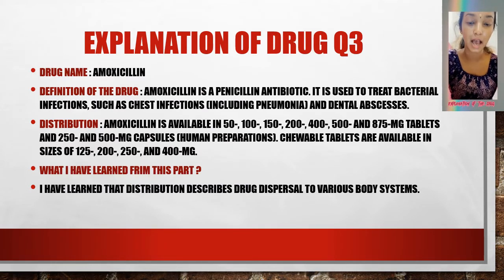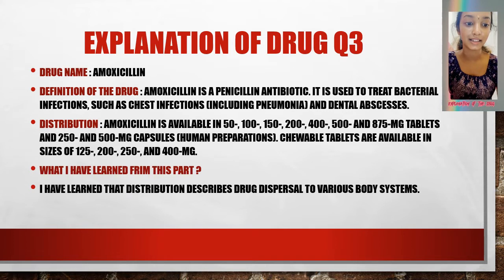Drug name is amoxicillin. Definition of the drug: amoxicillin is a penicillin antibiotic. It is used to treat bacterial infections such as chest infections, including pneumonia and dental abscesses. As I said, for distribution, amoxicillin is available in 50, 100, 150, 200, 400, 500 and 875 mg tablets and 250 and 500 mg capsules for human preparation.